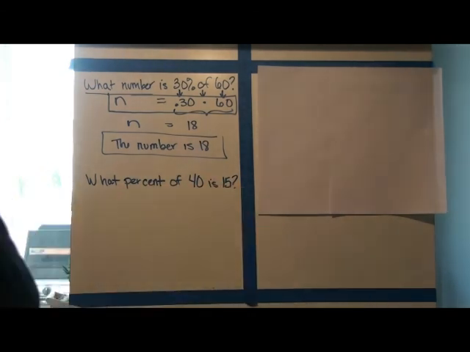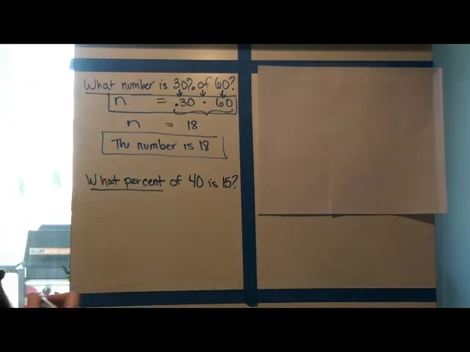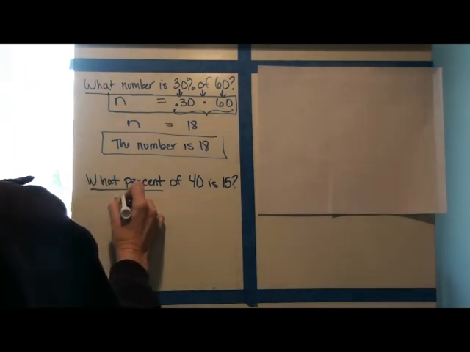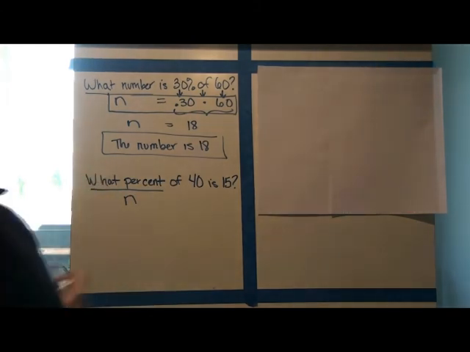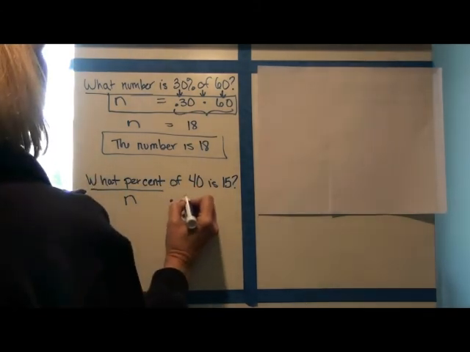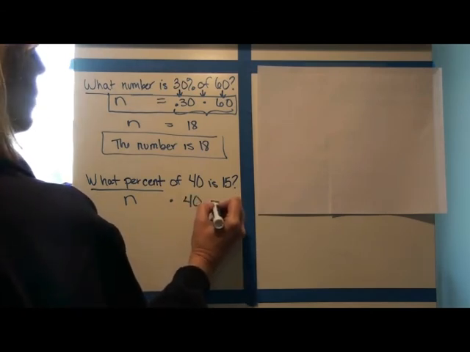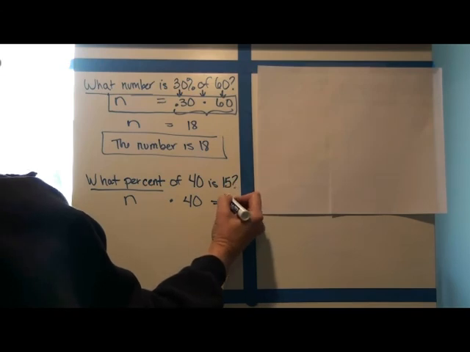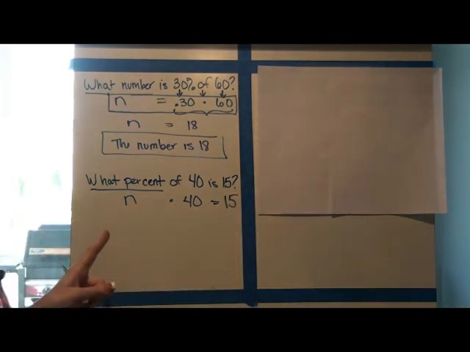Let's look at this problem. In this case, the question is, what percent? So actually our answer, our unknown, is going to be the percent. Of is multiplication, 40 is just 40, is becomes equal, and 15 stays 15. Now we have an algebra equation.